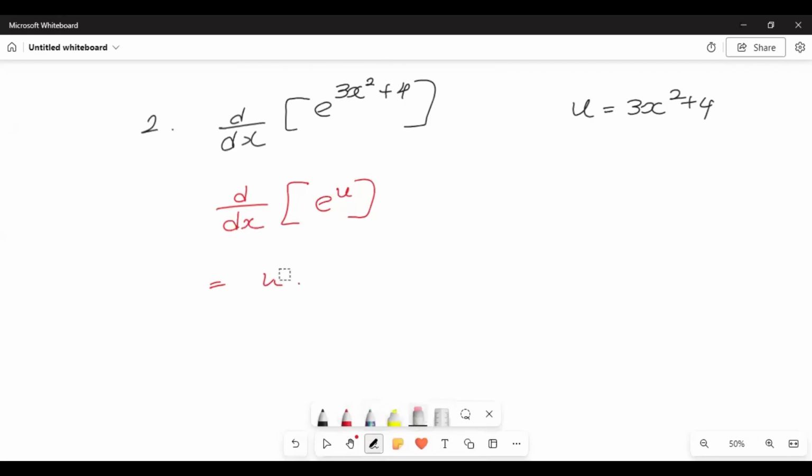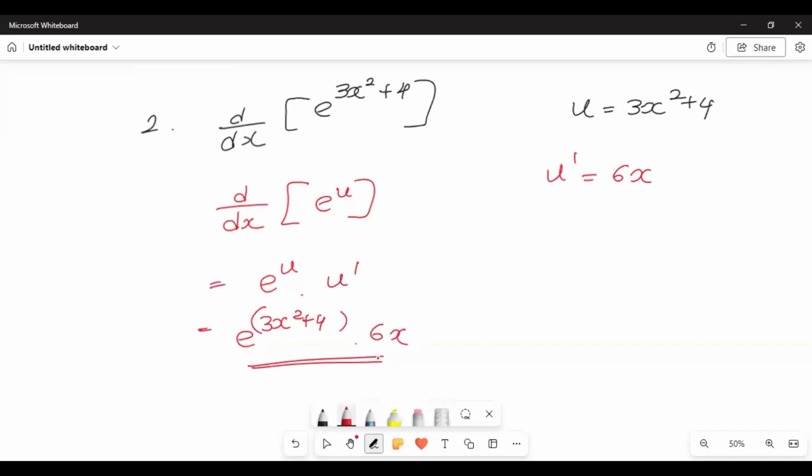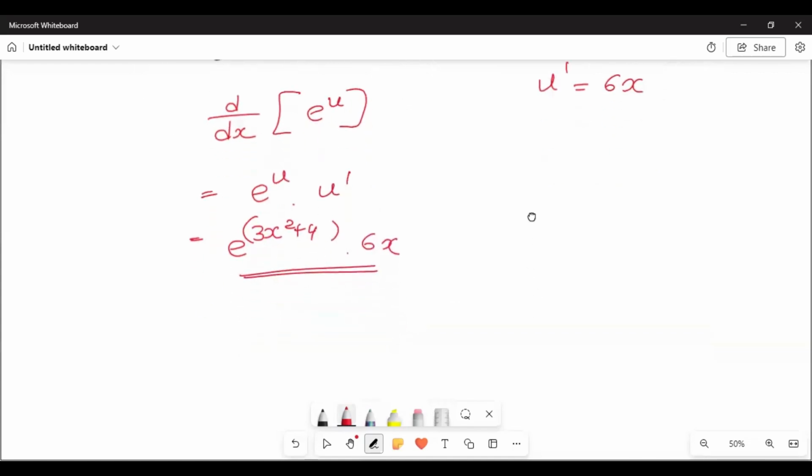In this scenario, this is about exponential. So after differentiating, it's going to be e to the power of u times u'. Let me write u'. It's going to be 6 times x plus 0. So it's going to be e to the power of 3 times x to the power of 2 plus 4, times 6x. So this is the answer.